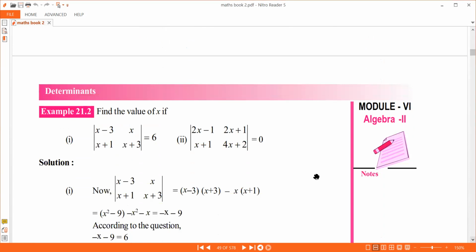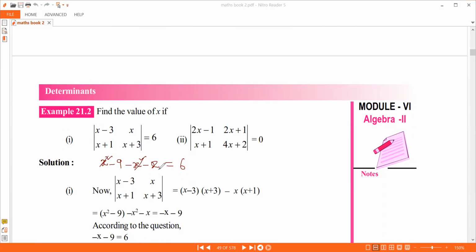So let's evaluate this. Find x. We have to find (x minus 3) into (x plus 3), so it is x square minus 9. So x into x, that is minus x square minus x. This is what you can write: minus x square minus x is equal to 6. x square is out.